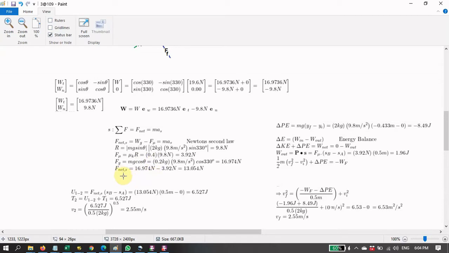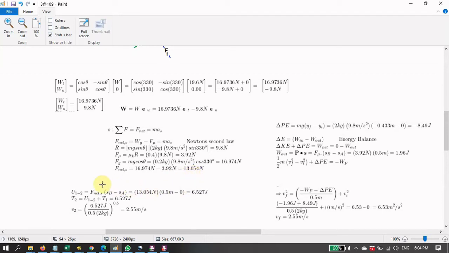And then in order to evaluate the net force acting on the particle, we have the weight in the positive tangential direction, and friction in the negative tangential direction, and we get about 13.054 newtons.